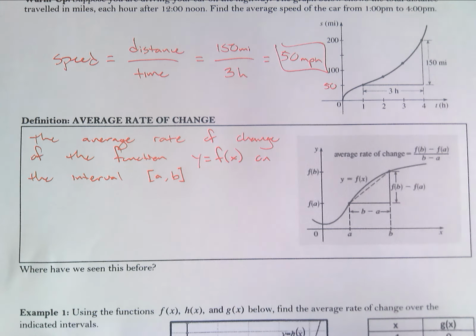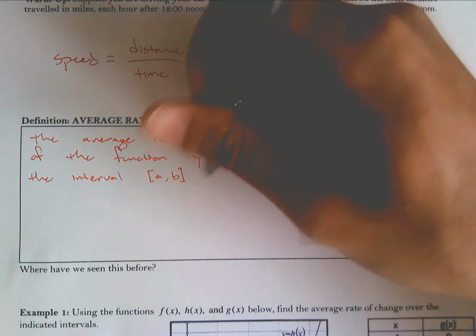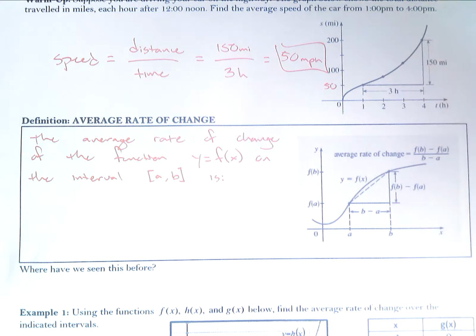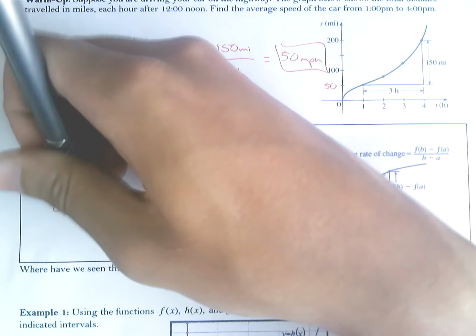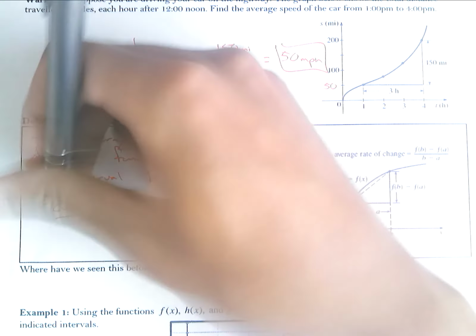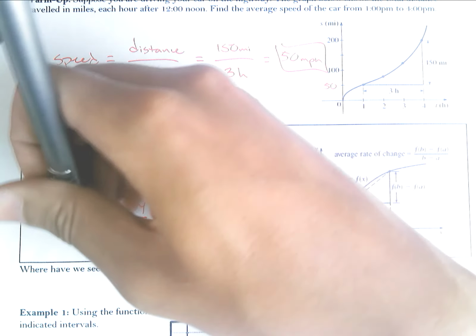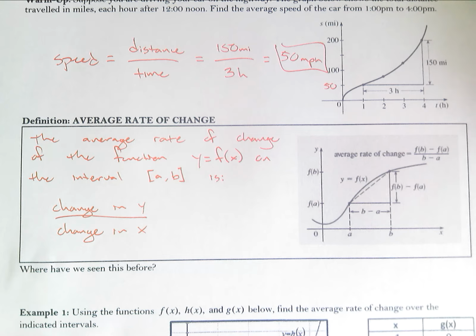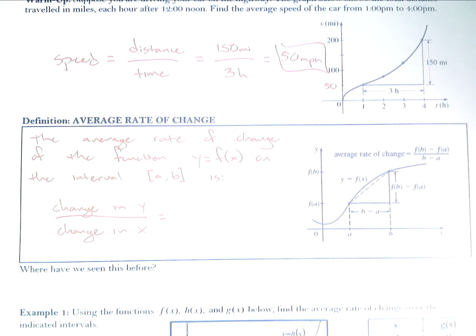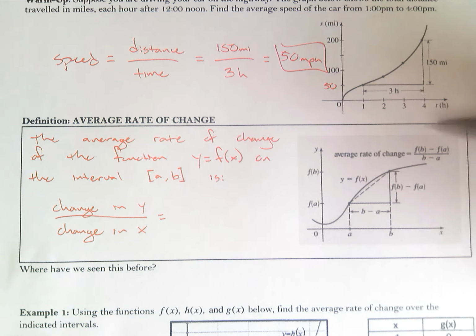Okay, we're saying that that average rate of change is given by the change in y over the change in x. Or in other words, using function notation, we're going to say the change in y is the difference in our y values.